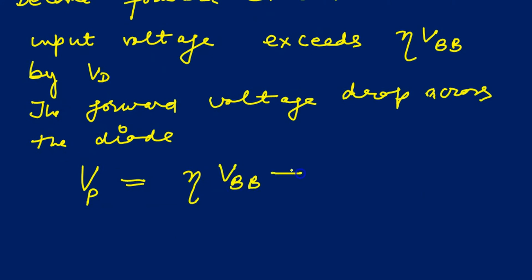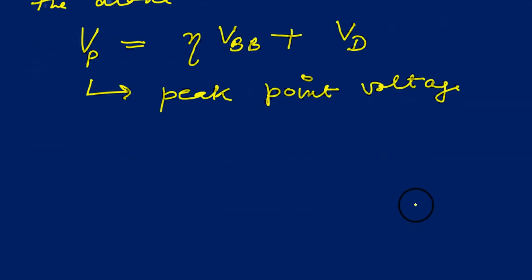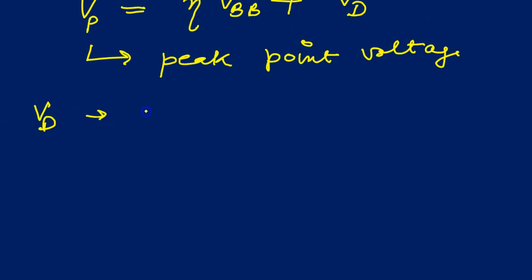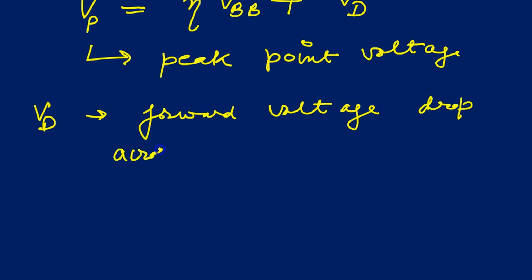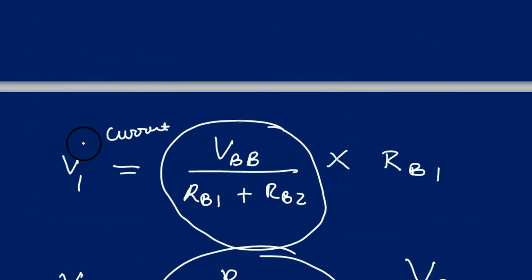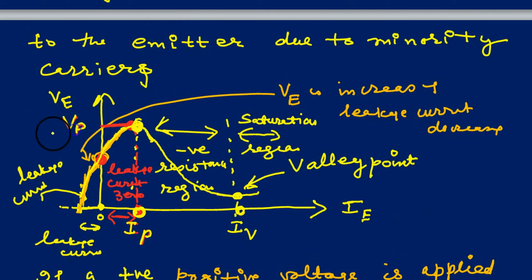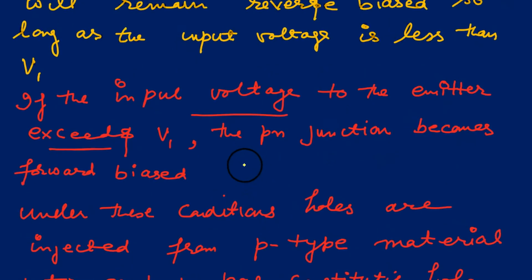VP is the peak voltage, eta VBB plus VD. This is the peak point voltage. VD is the forward voltage drop across the diode, approximately 0.7. So this is VP here, this point.